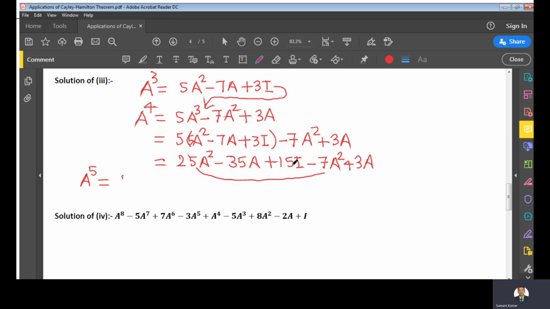When you are adding, I am combining two steps here, right? So when you are subtracting these two, you will get 18 as a coefficient, and here A raised to the power 3. Why? Because I already multiplied it by A, and here it is A square.